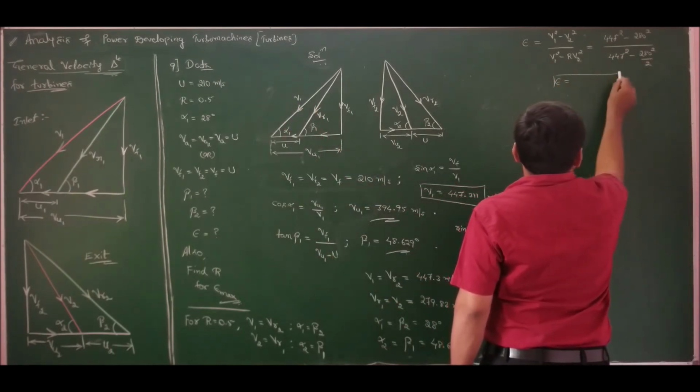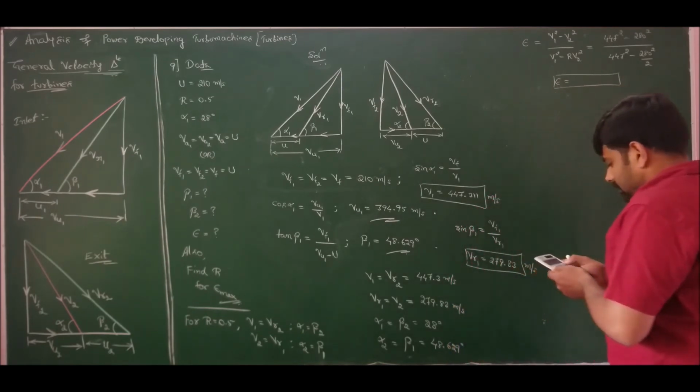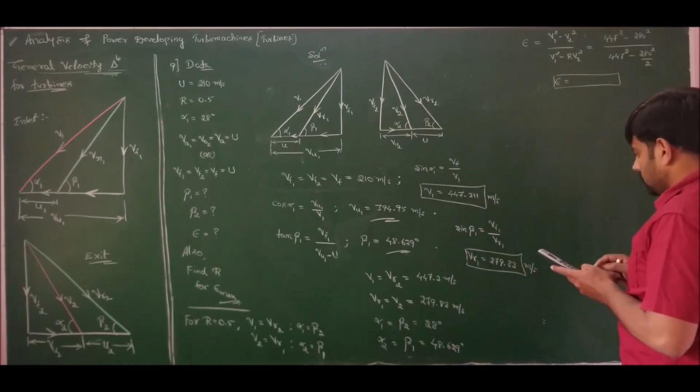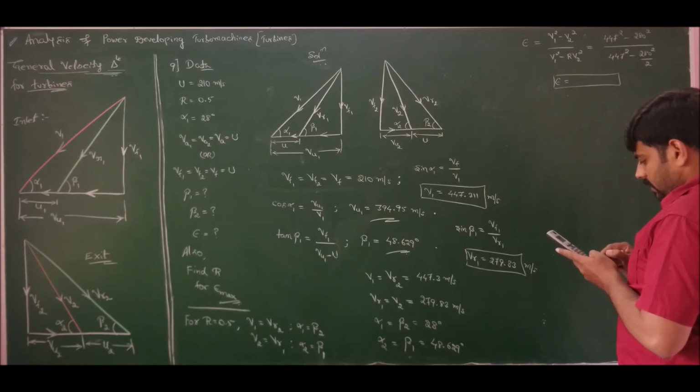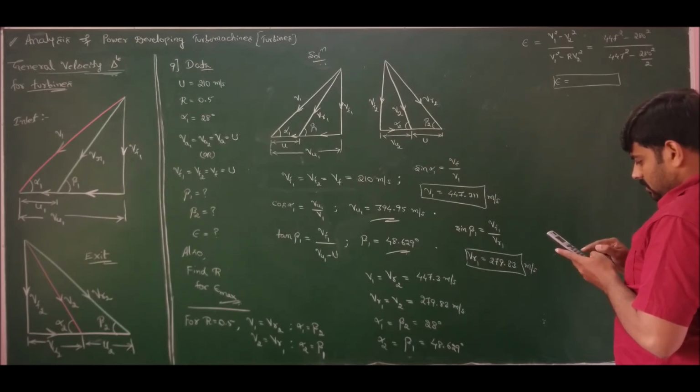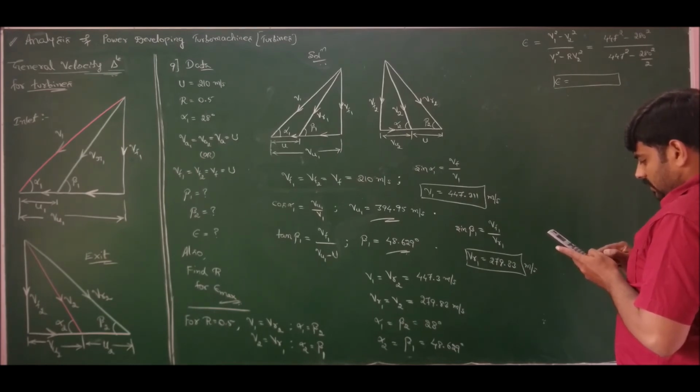So utilization factor will be 447.311 square minus 279.83 square divided by 447.311 square minus 0.25 into 279.83 square.